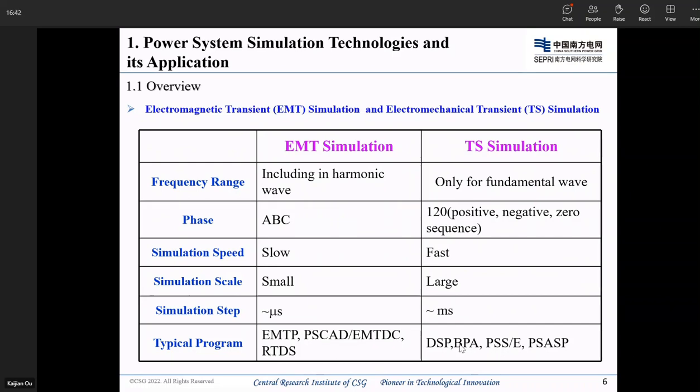For TS simulation, there are DSP, BPA, PSSE, and also PSASP. And there is also EMT and TS hybrid simulation.